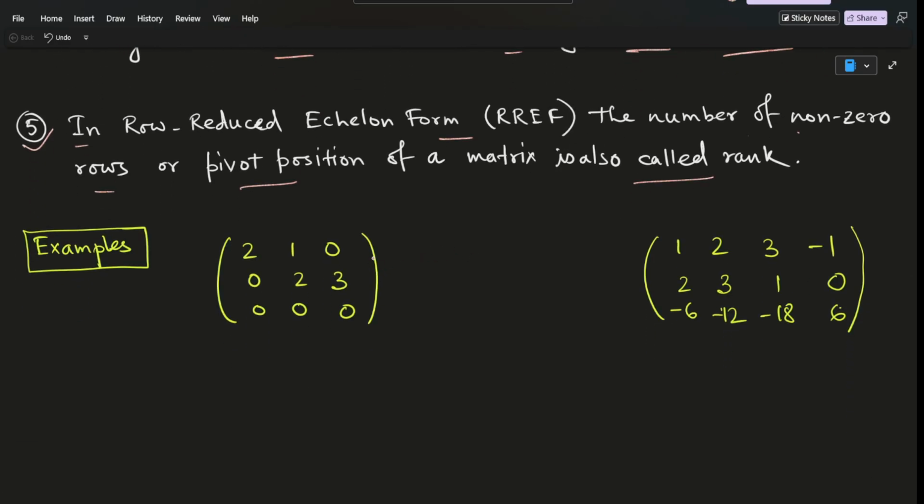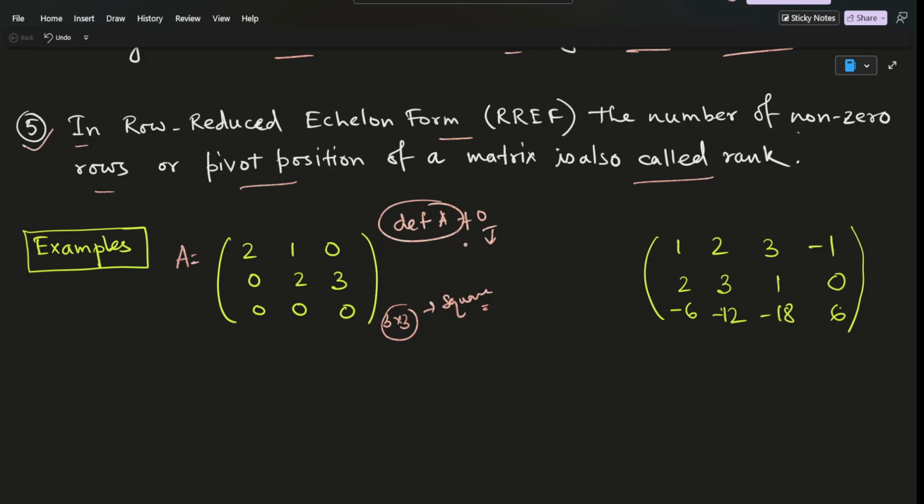See here, suppose A is a matrix and this is a 3 by 3 matrix, which means this is a square matrix. For a square matrix, if you need to find the rank, first we find the determinant of A. If the determinant is non-zero, then we say that definitely the rank is 3.